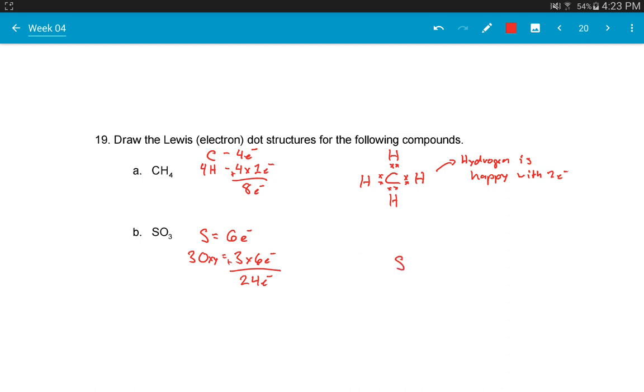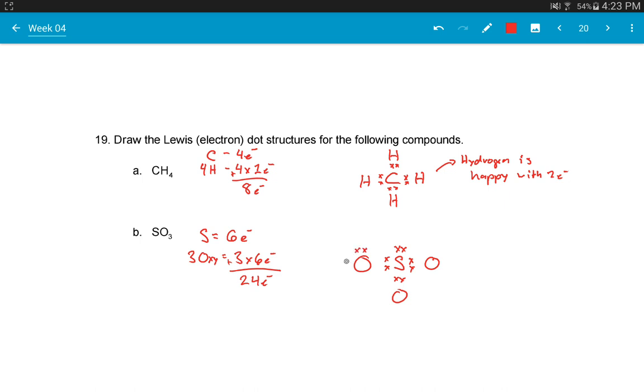We start with the sulfur in the middle, surrounded by 3 oxygens. 8 of these 24 electrons will go around the sulfur, leaving 16 electrons left.